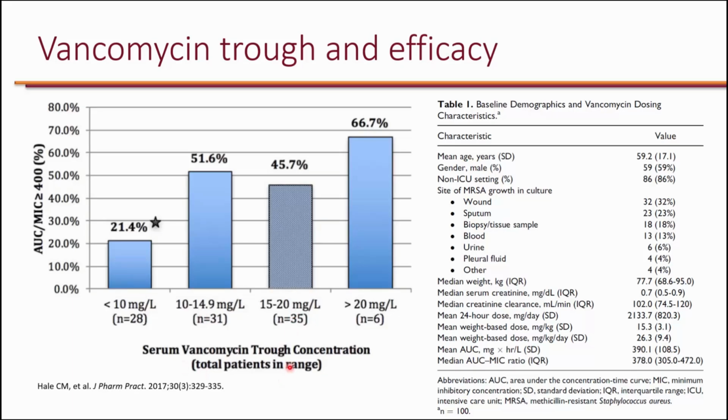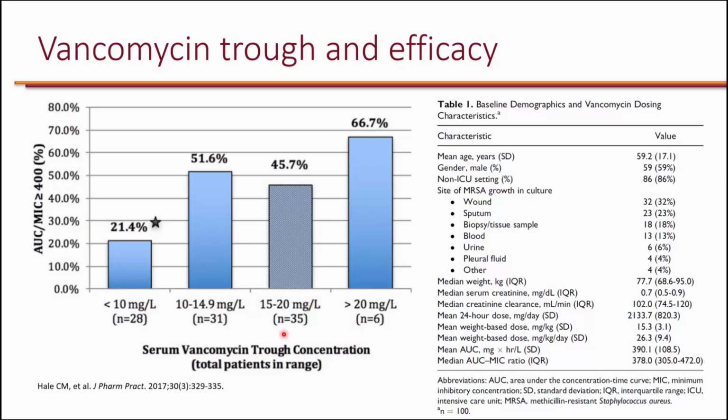They did this study and found that patients who had a trough of 15 to 20 were not more likely to have an AUC to MIC of 400. Even though their trough was higher, they were not any more likely to reach that AUC to MIC target. So the new guidelines do not recommend a trough of 15 to 20 anymore.